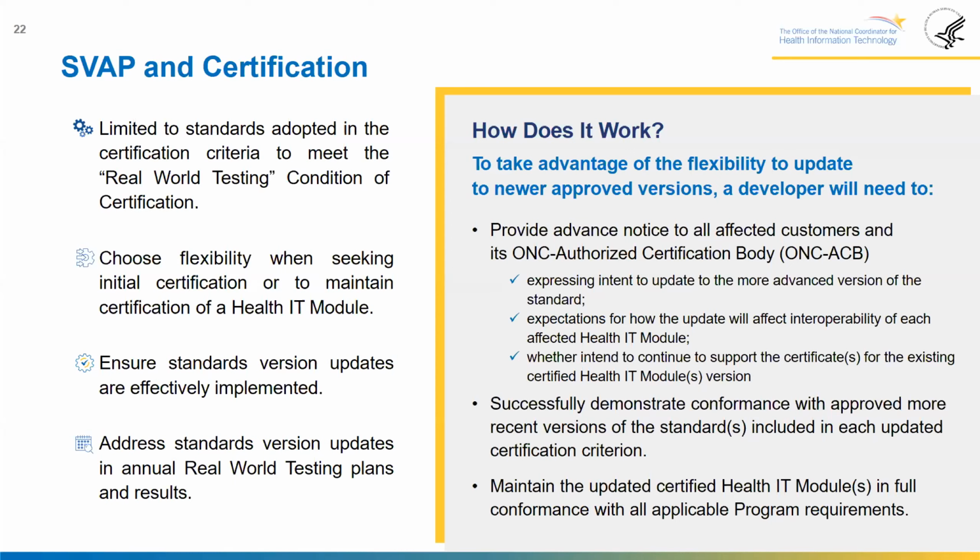For all developers voluntarily choosing to avail themselves of SVAP, they'll also need to successfully demonstrate conformance with the newer approved versions of adopted standards to confirm that they're meeting the updated requirements. And lastly, again, developers must ensure they're maintaining their updated health IT modules to meet all applicable program requirements. Next slide.